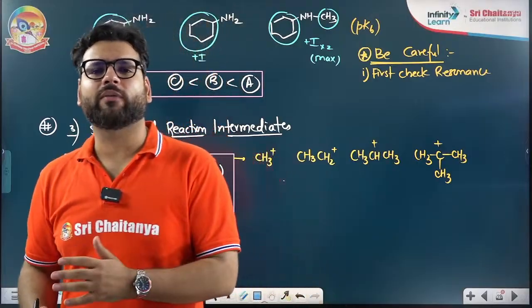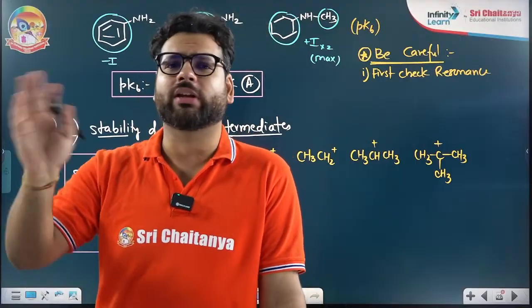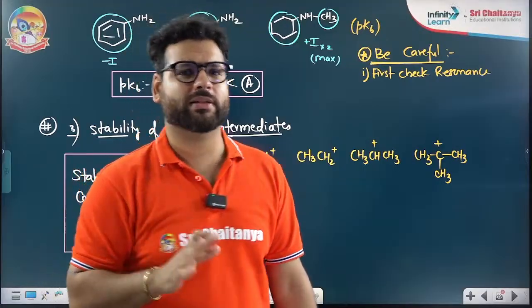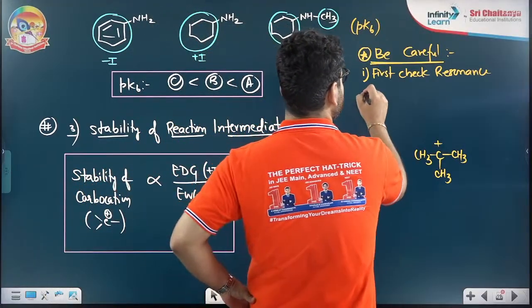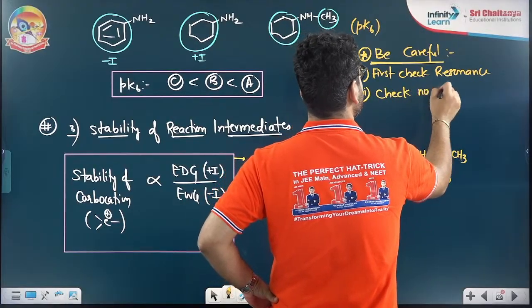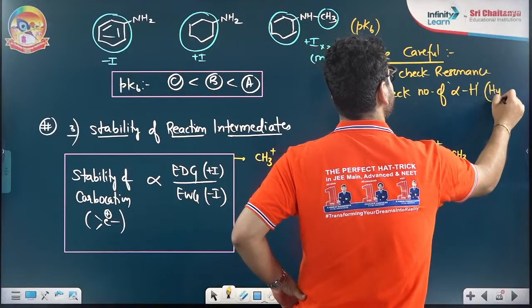Any carbocation which can get delocalized by resonance will be the best carbocation. First check this. Second, then check the number of alpha hydrogens, which we call hyperconjugation.